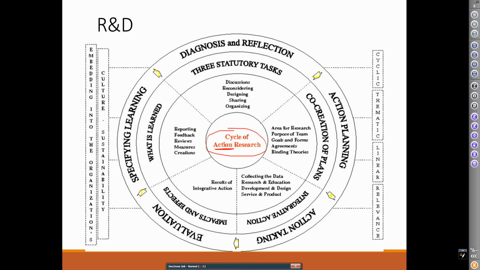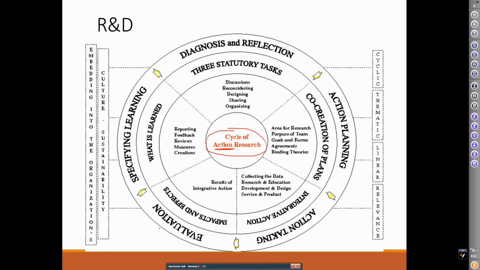So, there are 5 major elements of this cycle. We have the 3 stationary tasks. We have the co-creation of the plans. We have the integrative actions. We have what is learned, so some kind of educational things, and of course we have impacts and reflects and effects for our research.